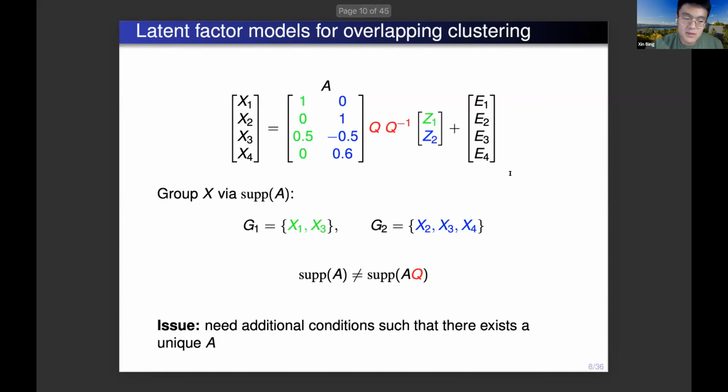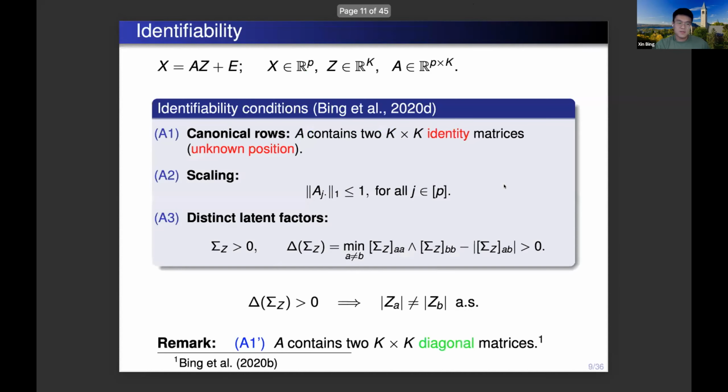The first goal is that we need to impose additional conditions such that we can have a unique A. So in this project, we will deploy the following identifiability condition, which is established in Bing et al. This identifiability condition contains 3 parts.